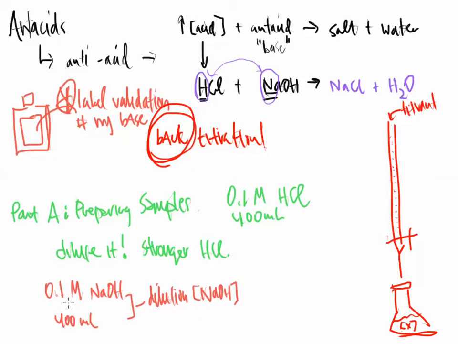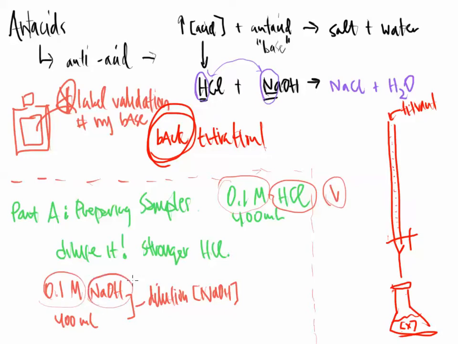All of Part A is going to be done for you. So when you take a look at these directions, what will happen is that we will supply you with the pre-made 0.1 molarity HCl. This is going to be made already. And we will also give you the 0.1 NaOH. This is going to be made already for you as well.